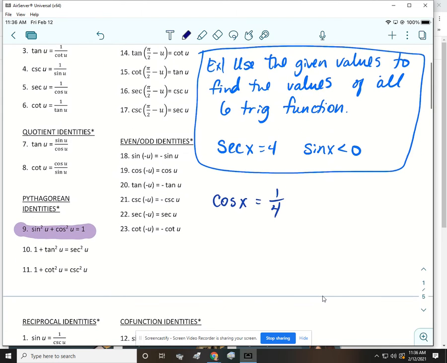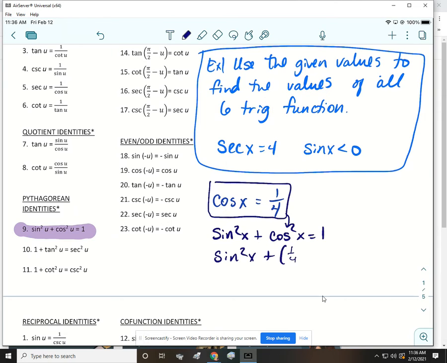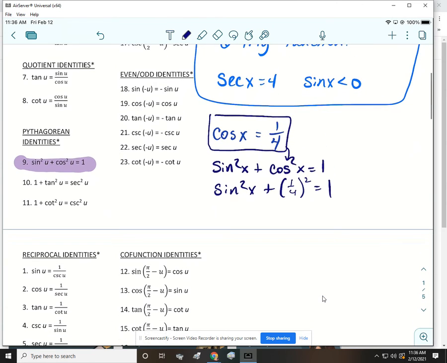So sine squared of x plus cosine squared of x is equal to 1. So what I'll do is take what cosine of x is and put it in the place of that. So sine squared of x plus 1/4 squared is equal to 1. So when I square 1/4, I'm going to get 1/16.